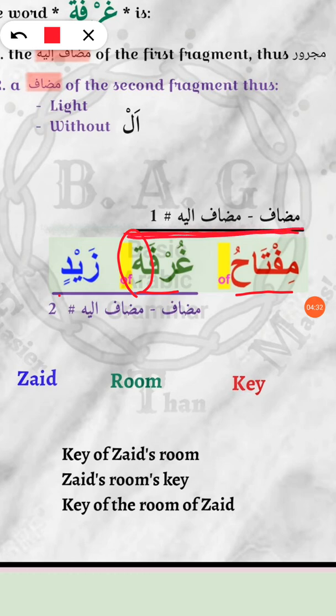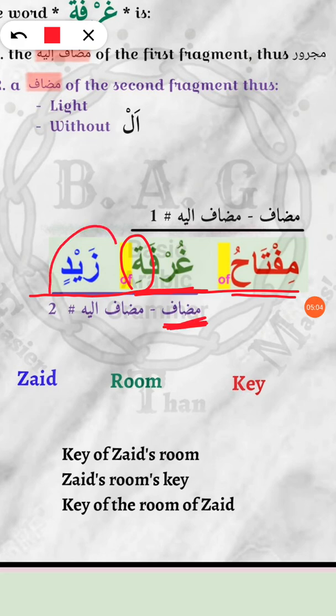Okay, and notice how this word Ghurfati is actually not just the Muzaff Ilaih for this first fragment, but it's also the Muzaff for the second fragment, which is also Muzaff Ilaih. So this word Ghurfati acts as a Muzaff Ilaih for Miftahu, which is why it is jar. And this Ghurfati also acts as the Muzaff for the Muzaff Ilaih of the word Zaidin.